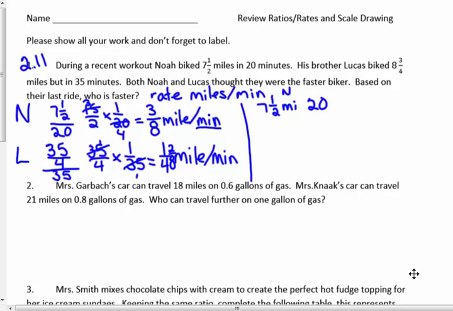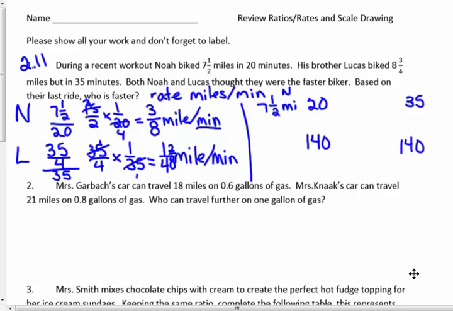Counting by 20s, 20, 40, 60, 80, 100, 120, 140 is a common minutes if I counted by 35 minutes: 35, 70, 105, 140. So I could see how far do they go in 140 minutes rather than miles per 1 minute. So I could do the unit rate, the first way that I did it, or I could find common minutes with them.